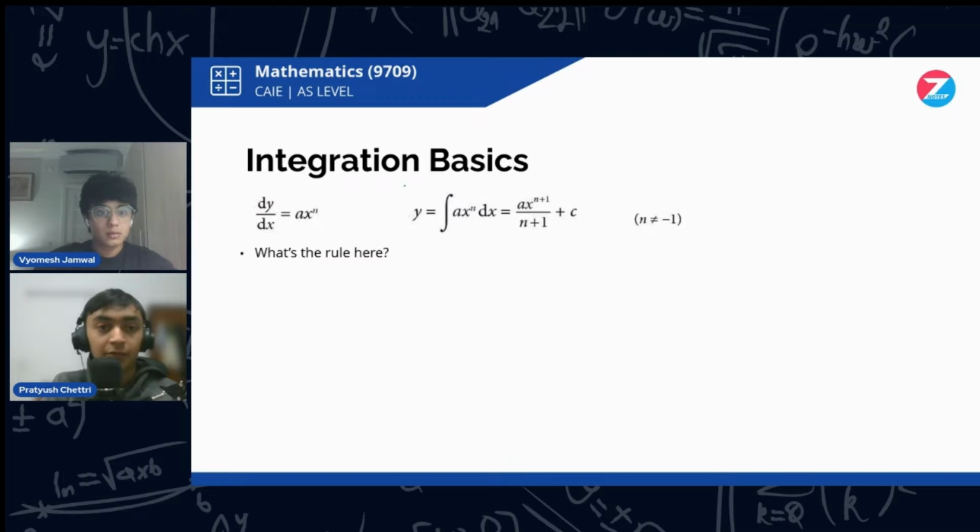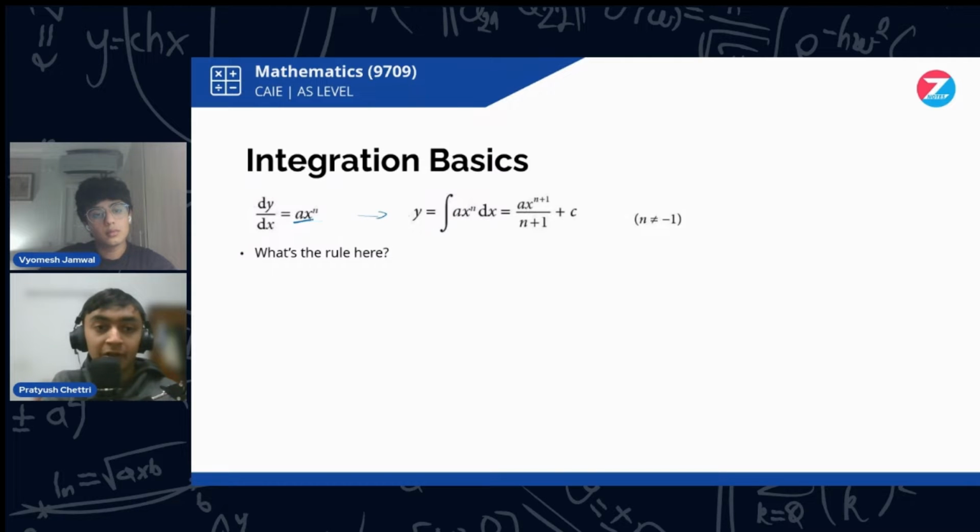Okay, so we know that integration is useful. Now, how do we do it? Well, here's the rule written out for you. If we have a derivative and we want to find the original function, we integrate. So this is basically saying if you want to go from the derivative to the normal function, you're integrating, right?